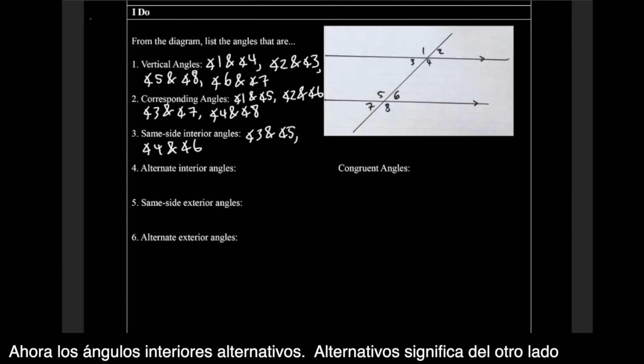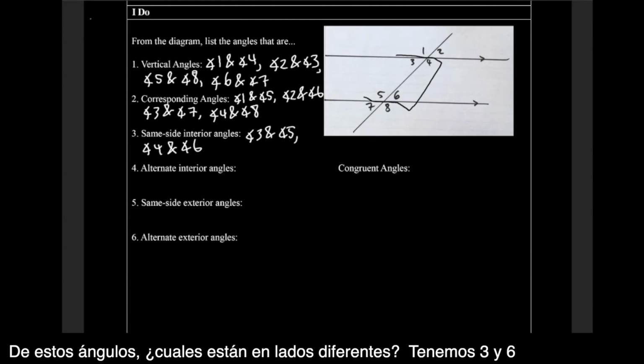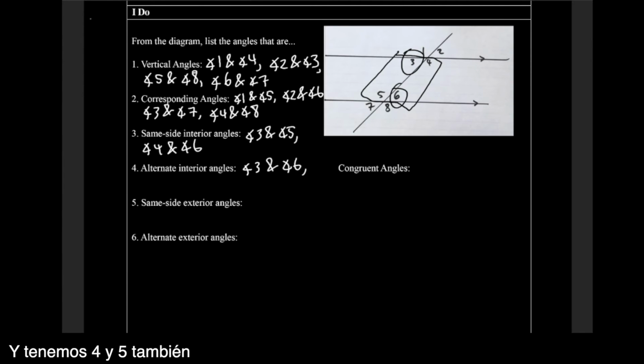Now, alternate interior angles. Alternate means different sides. We're still looking at the interior angles, so only these 4. Of those, which ones are on opposite sides? Well, we have 3 and 6. And then we also have 4 and 5.